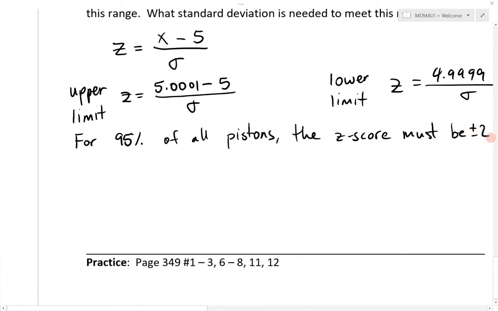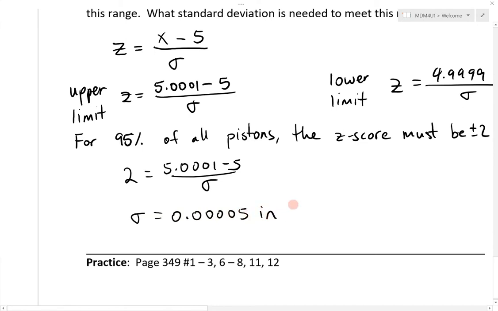Okay, so if the z-score is going to be 2, then sigma is going to be, plug in 2 for your z-score, 5.0001 minus 5 divided by sigma. And so sigma, when I solve for sigma, is going to be 0.00005 inches. So your piston cannot deviate more than 0.00005 inches. That's your standard deviation. And that ends the several examples we're doing for section 7.3.